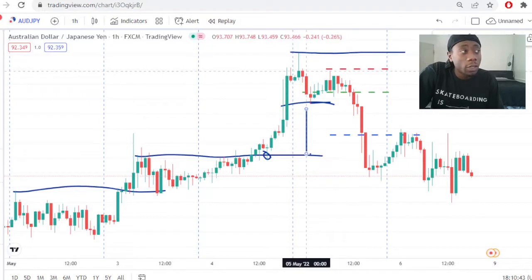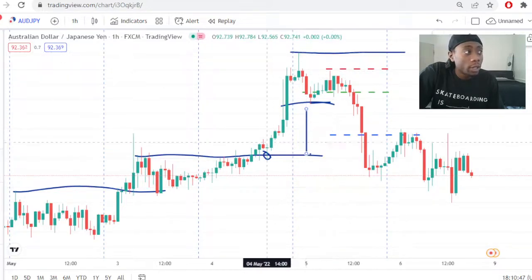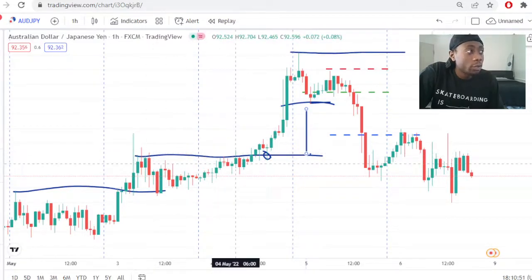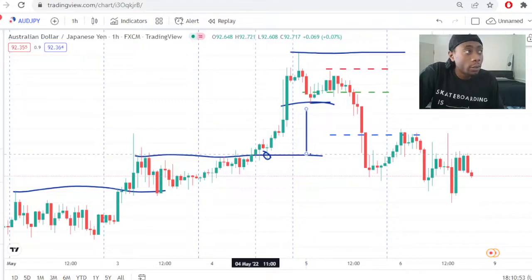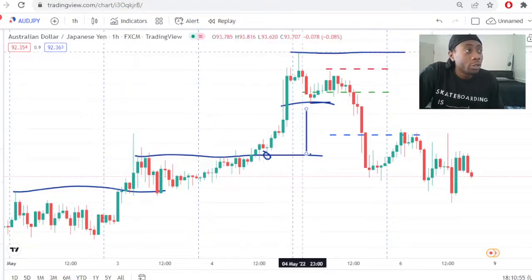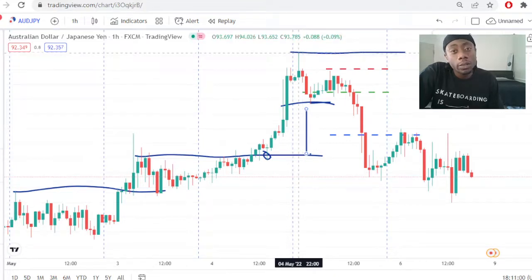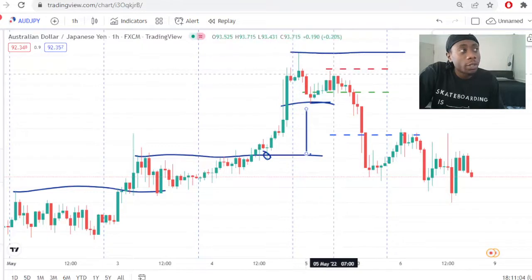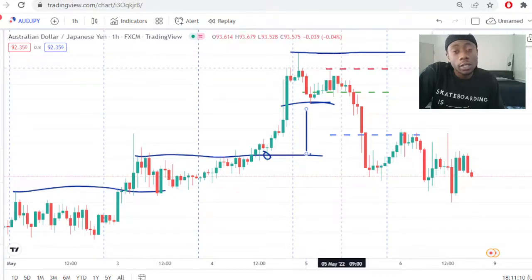My main focus of this trade was the ultimate high here of the day and the ultimate low of the week that was happening here. This area was revisited multiple times throughout the week, and then this area was created once and never revisited again, which let me know that this uptrend was coming to an end by the time the market came back up here to create a second high that was lower than the first one, and ultimately couldn't sustain that level.